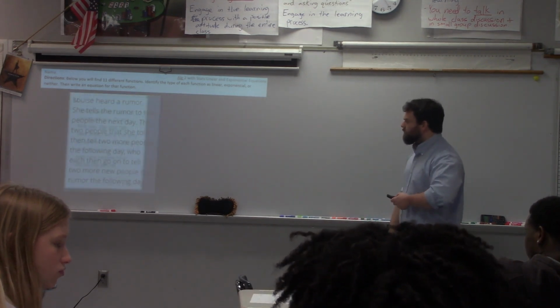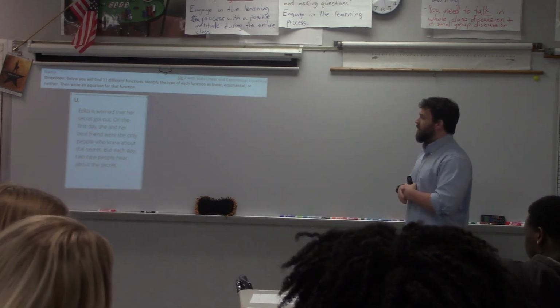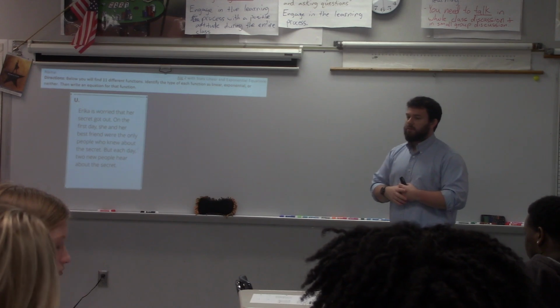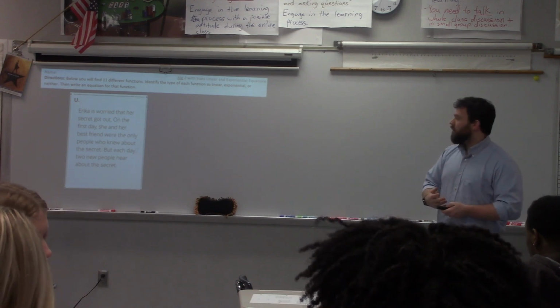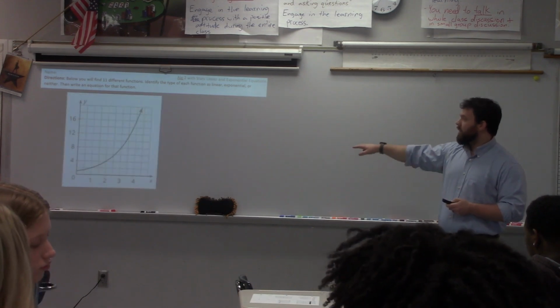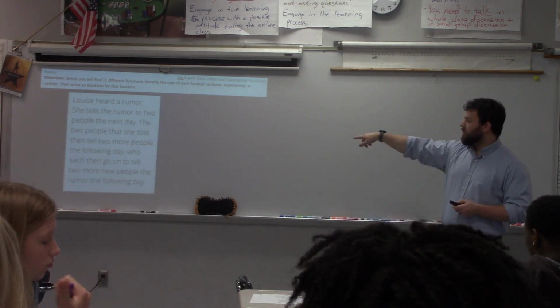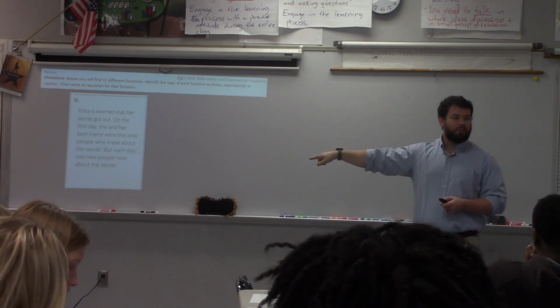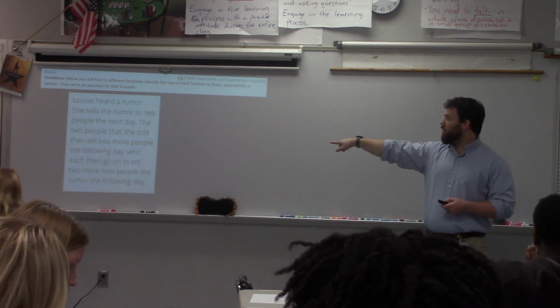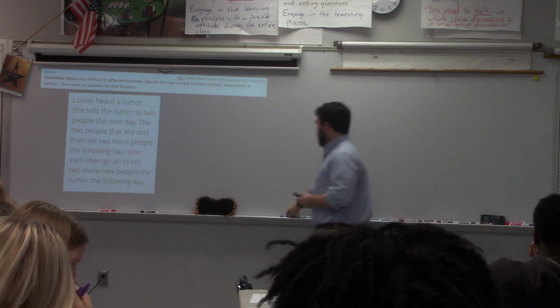Alright, but remember, this isn't right now about just identifying the type of function. This is about writing the equation. So, are there any questions through this one, this word problem, about the equation? I think it was y equals 1 times 2 to the x here.